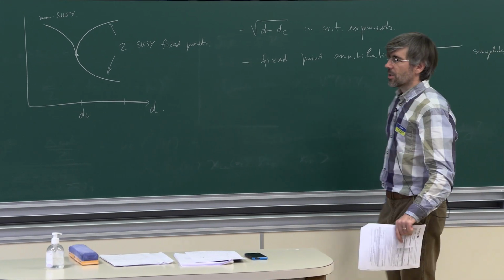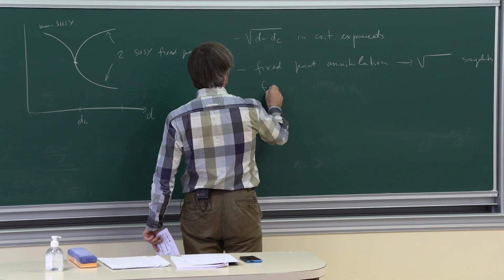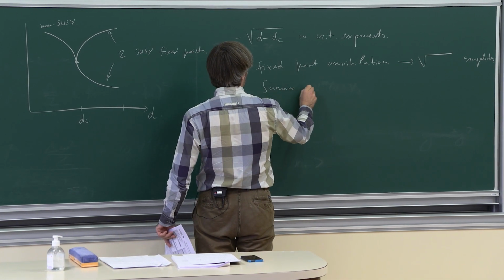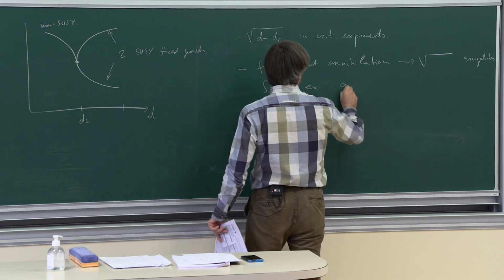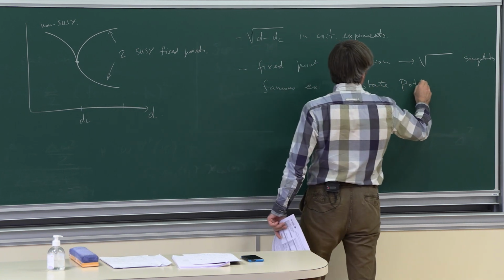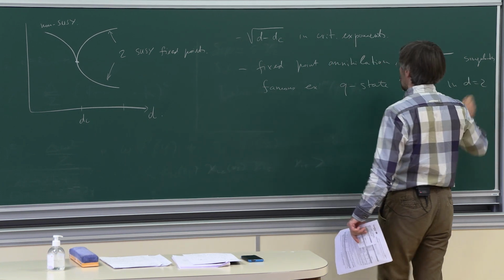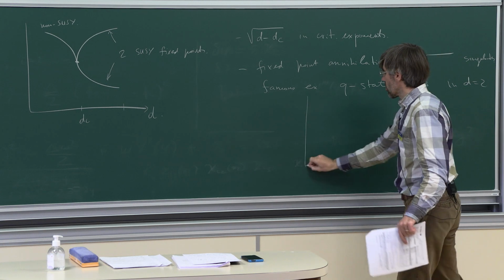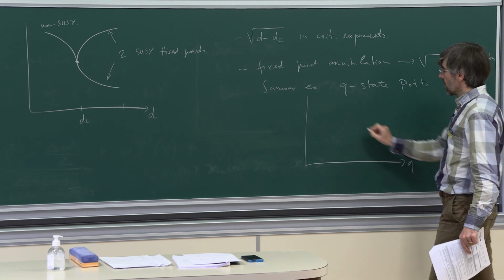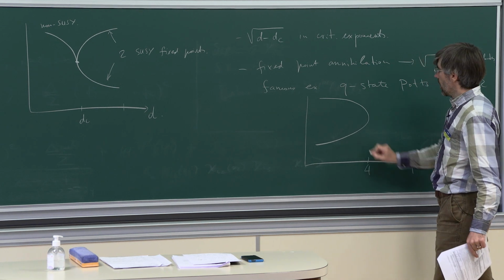And there are famous examples where this fixed point annihilation happens. The famous example is the Potts model, the Q-state Potts model. For example, in 2 dimensions, if you take the Q-state Potts model, then as a function of Q, this model indeed has 2 fixed points for Q less than 4.